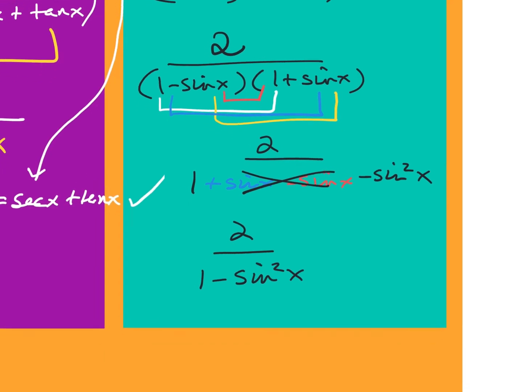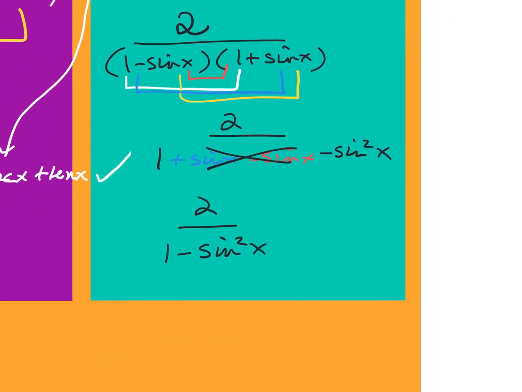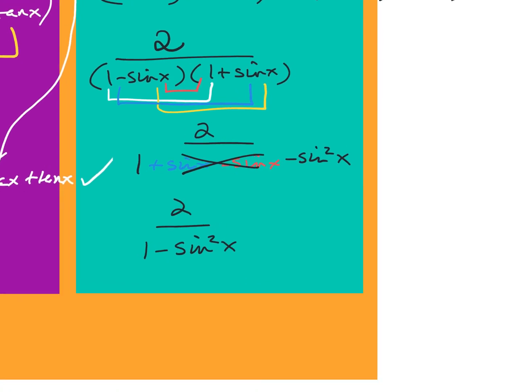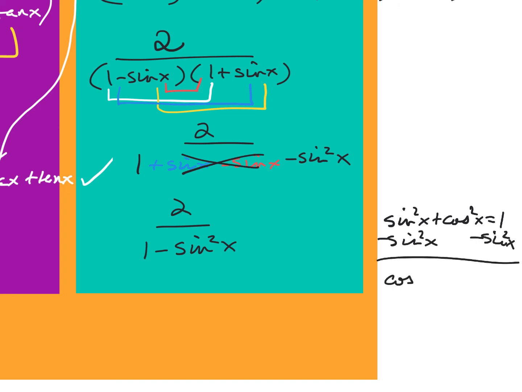I know this is a Pythagorean identity. So again, just to show you, sine squared x plus cosine squared x equals 1. I can go ahead and subtract sine squared x. And cosine squared x is now equal to 1 minus sine squared x. So that's what I'm going to substitute.